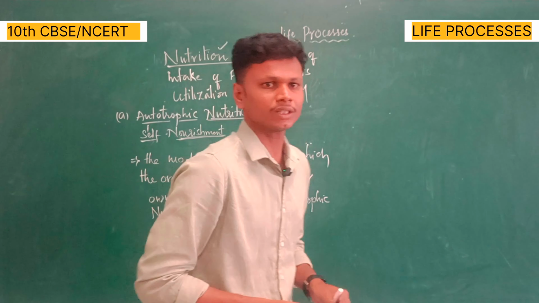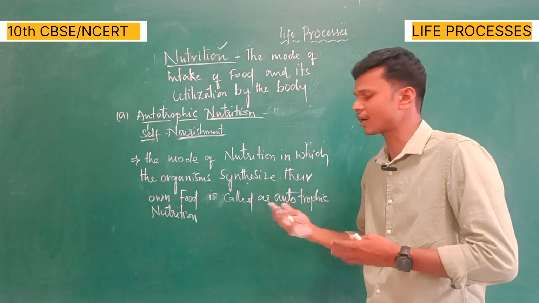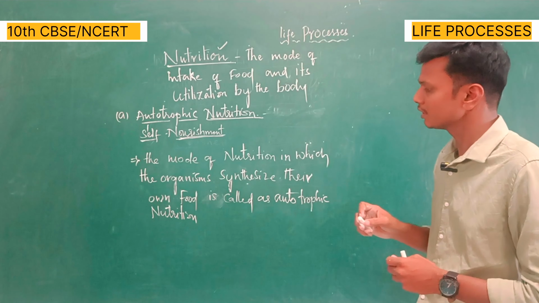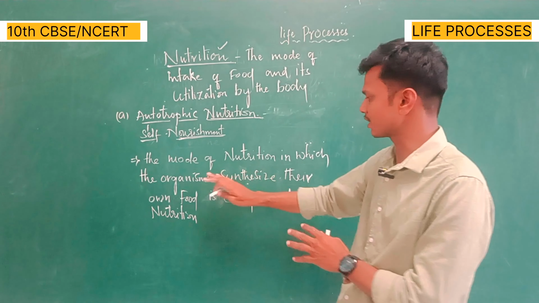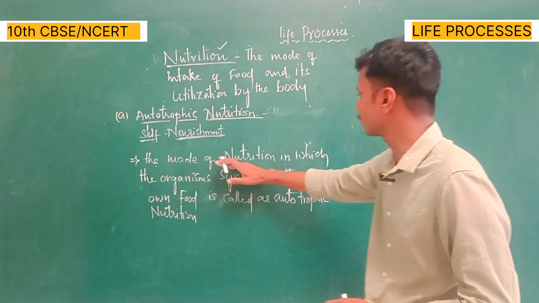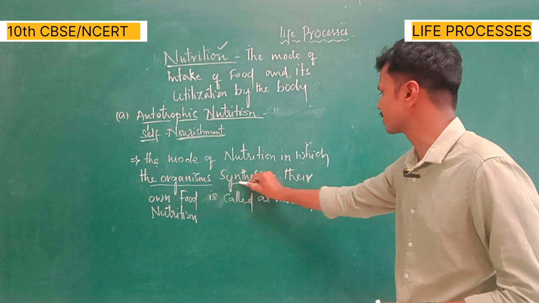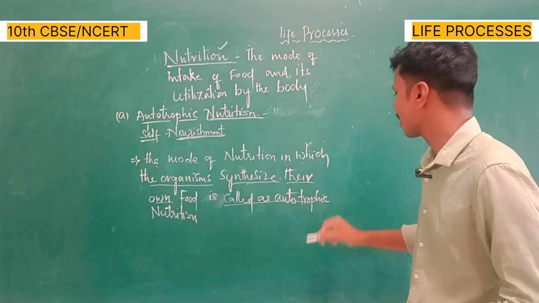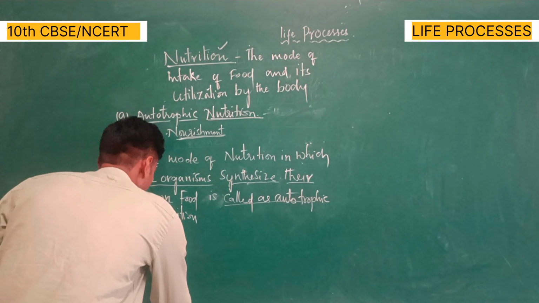Here the organisms prepare their own food by using some raw materials, which we will discuss later in nutrition. So, the mode of nutrition in which the organisms synthesize their own food is called autotrophic nutrition. Now an example for this.